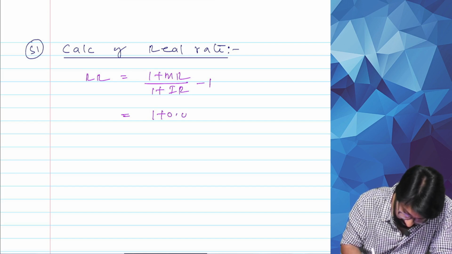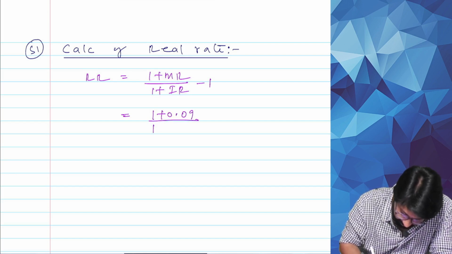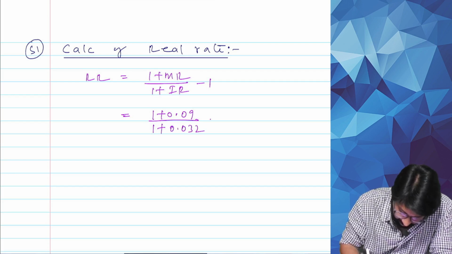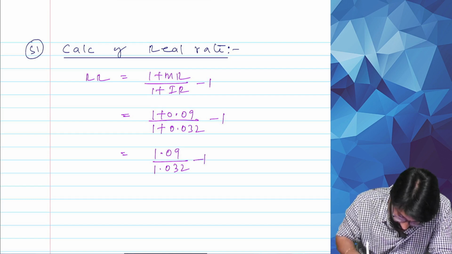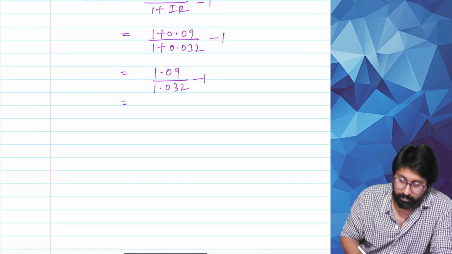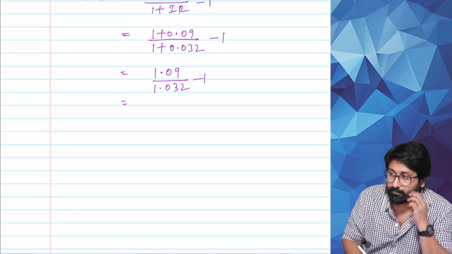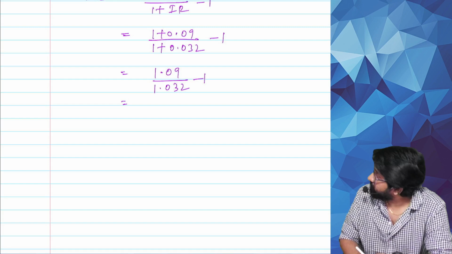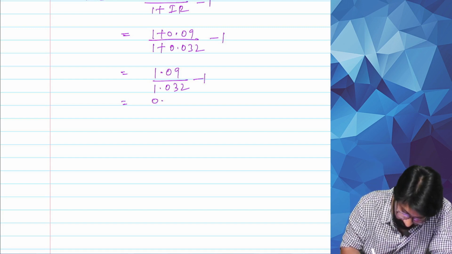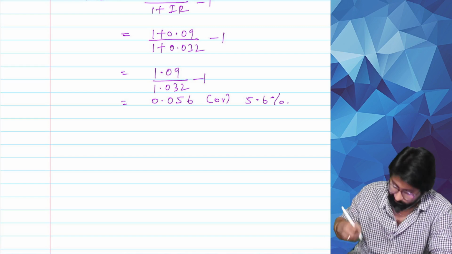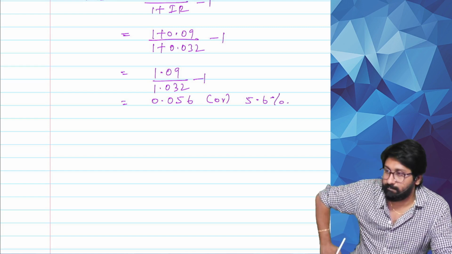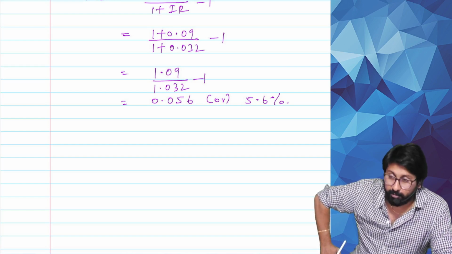That is 1.09 divided by 1.032 minus 1. Tell the value. 0.056, also called 5.6%.